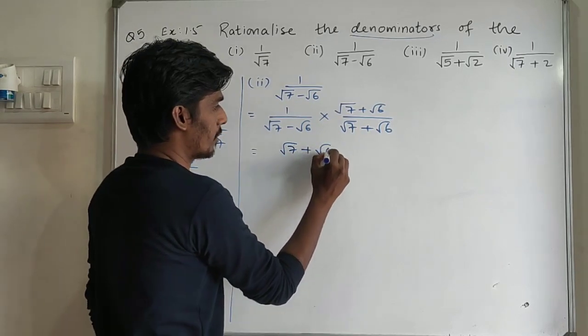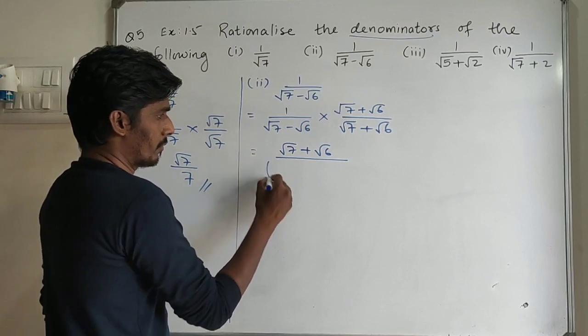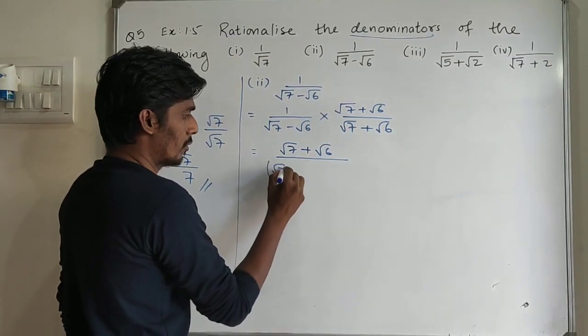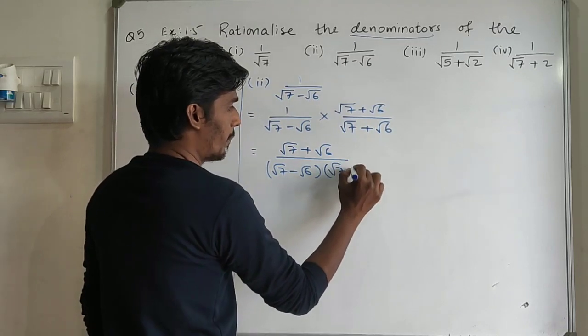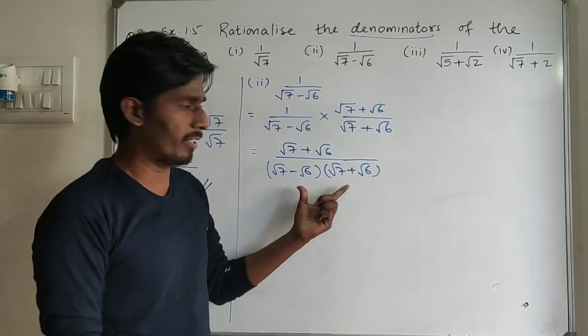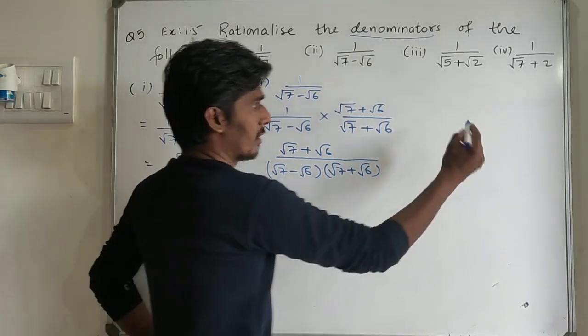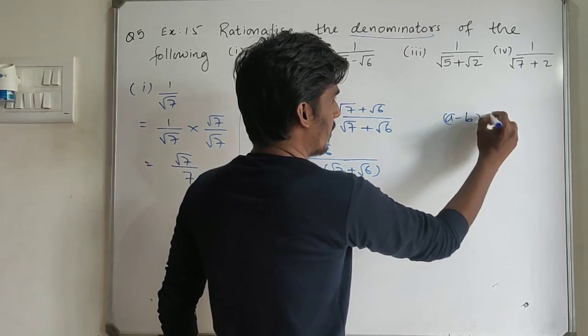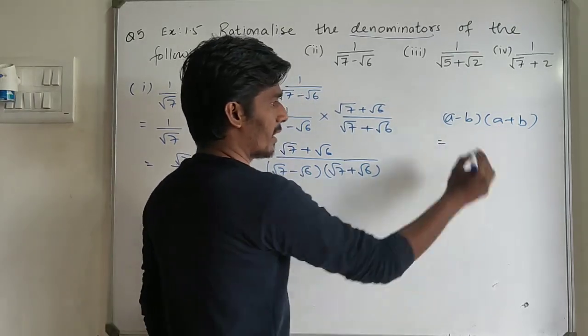Root 7 plus root 6. Now the multiplication of these two: root 7 minus root 6 and root 7 plus root 6. This type of simplification we did yesterday, that is a minus b, a plus b. What is a minus b times a plus b?